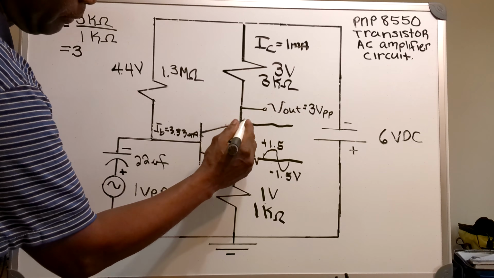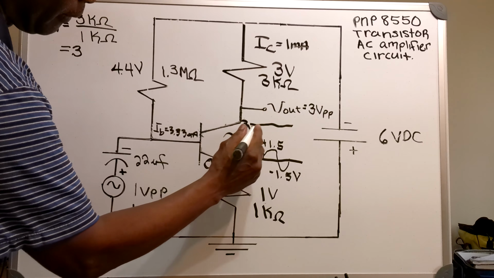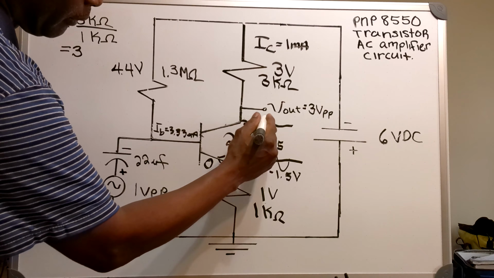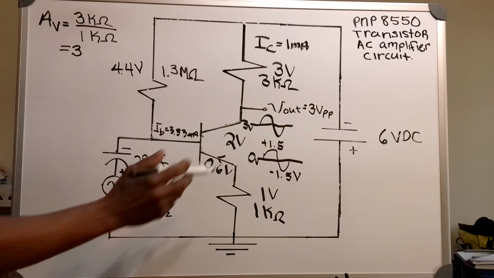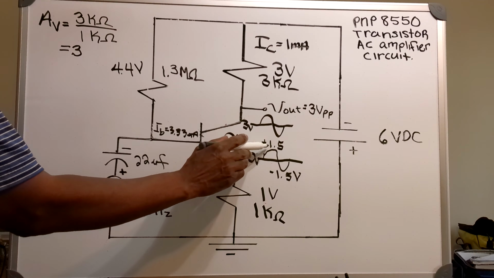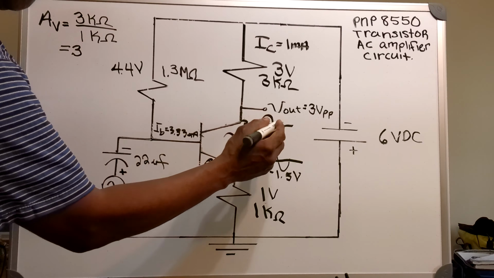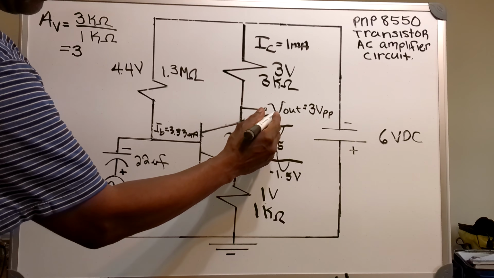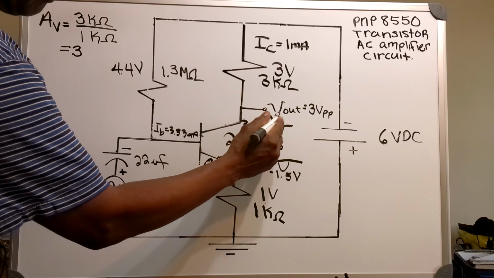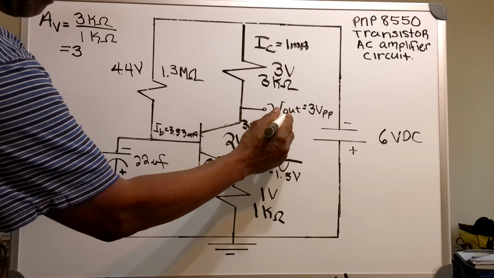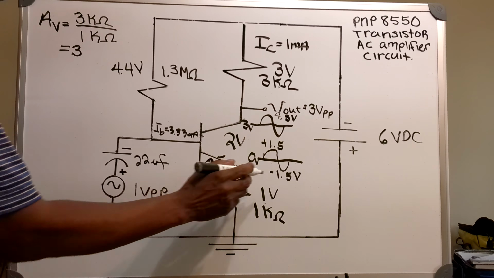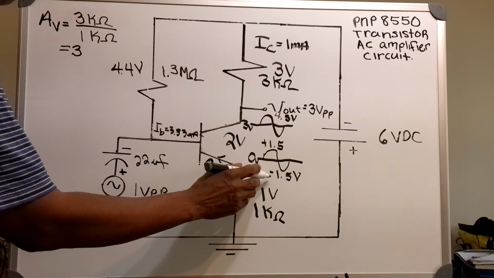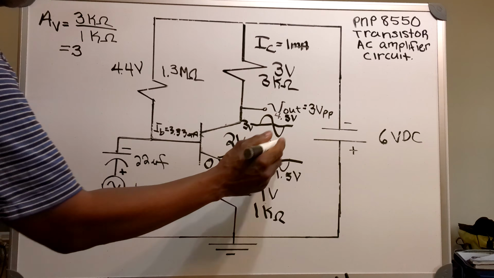So you have 3 volts here. Now I'm going to add 3 volts to 1.5 volts, so I have 4.5 volts at the top, and I would add 3 volts to minus 1.5 volts.